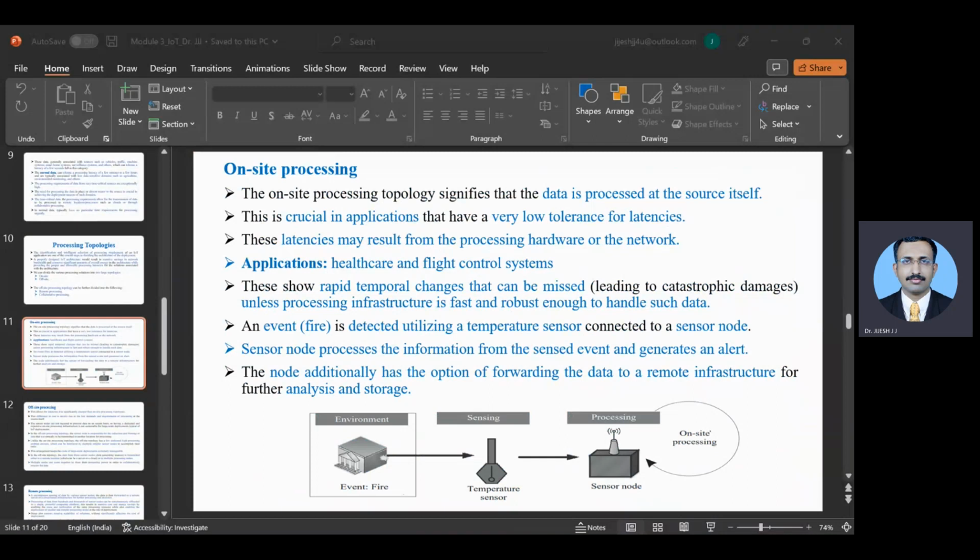We have also seen, for example, an application for healthcare or flight application. Suddenly there is, for example, a fire detection. The information is very critical, so that if you delay even a minute or a second, the fire will spread like anything.